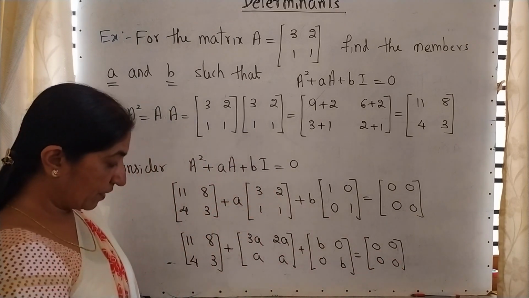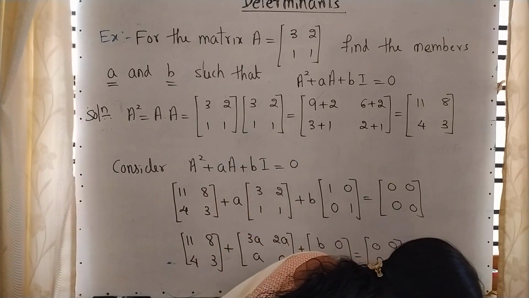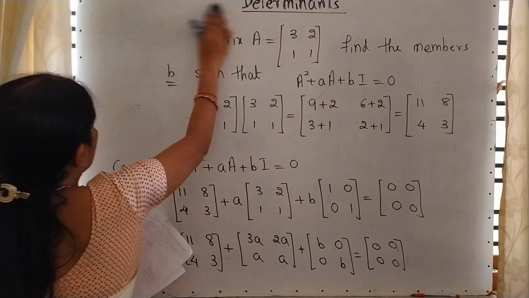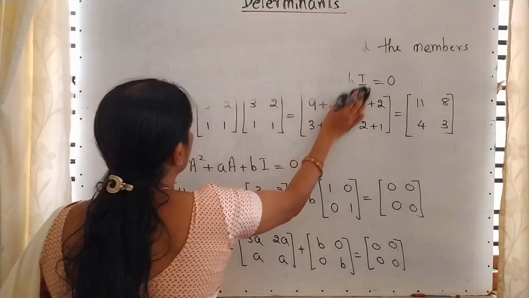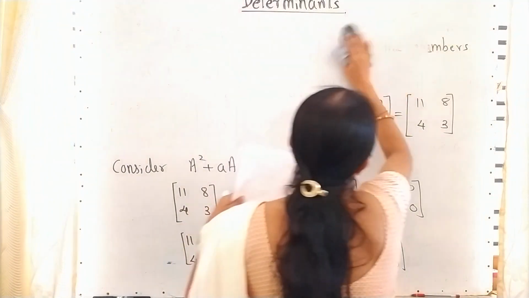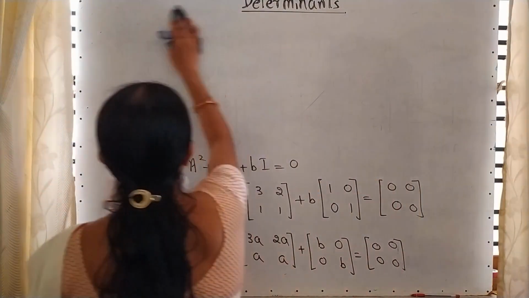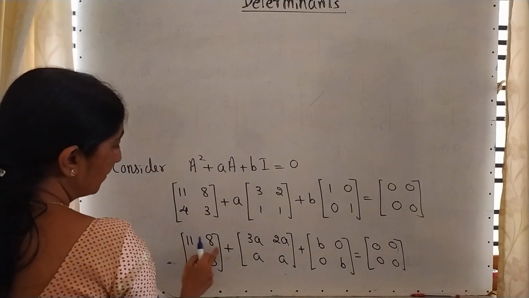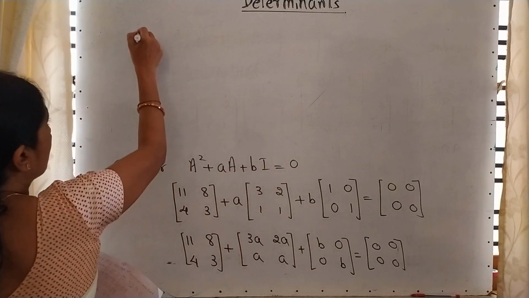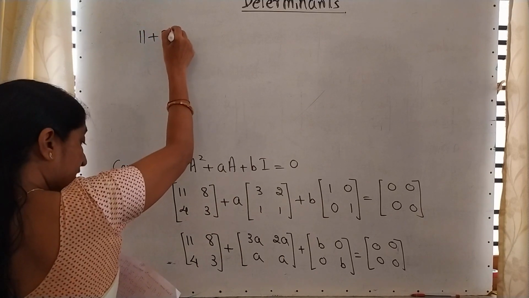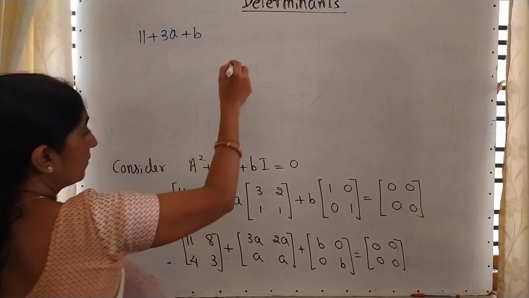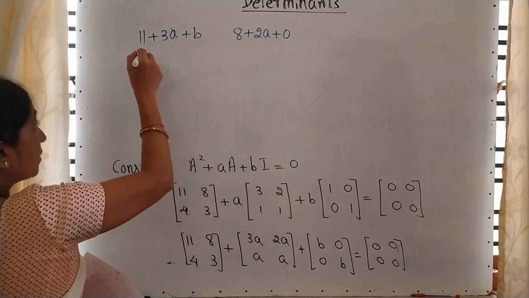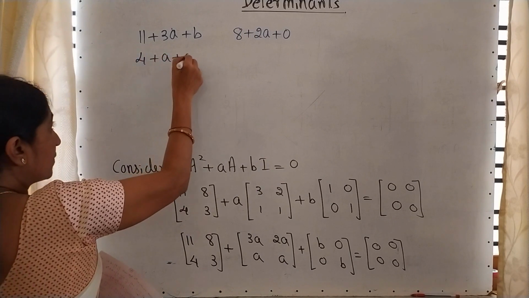And see, on the left side we have to add all the 3 matrices. Yes. Now add all the 3 matrices. First element plus first element plus first element: 11 plus 3a plus b. Then second element: 8 plus 2a plus 0. Then next: 4 plus a plus 0.